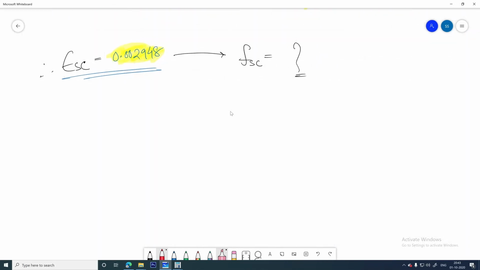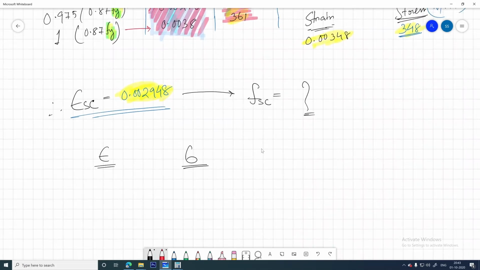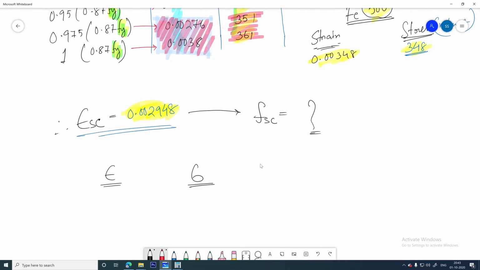So let us write like this: the strain, the stress, and the strain here is 0.00276, and here it is 0.0038, here it is 351, here it is 361, and definitely it is in Newton per millimeter square.